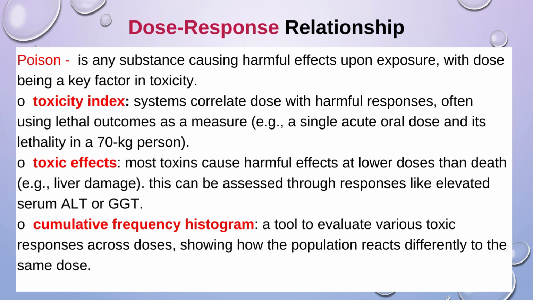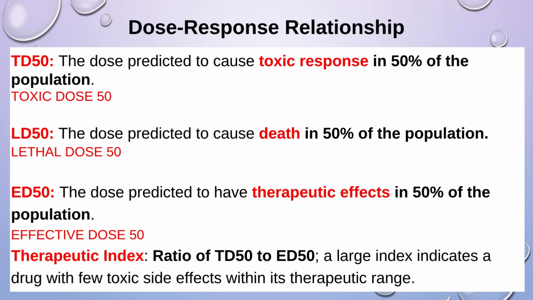This is a tool to evaluate various toxic responses across doses, showing how the population reacts differently to the dose. Then we have the TD50, LD50, ED50, and the TI, or therapeutic index. TD50 stands for toxic dose 50, LD50 for lethal dose 50, and ED50 for effective dose 50.